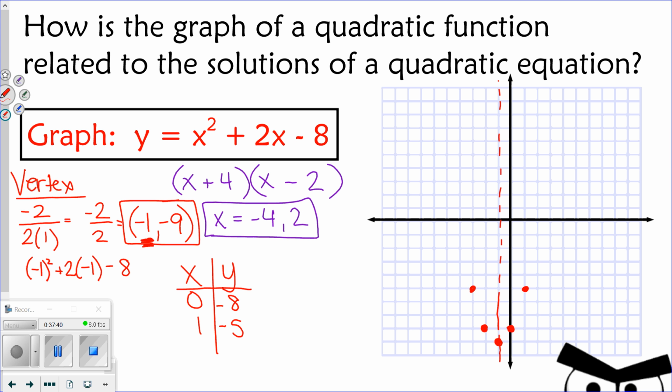Now, humor me. Let's go one more. Plug in a 2. And what did you get? 0. Okay, so if I put 2, 0, that's 3 spots away. So we have 3 on the other.